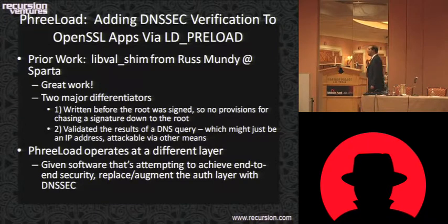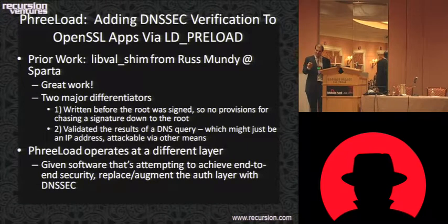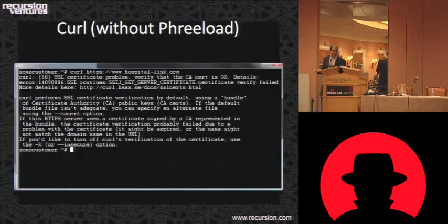And it says, we're going to make sure that if an application is trying to make a secure connection, that what it speaks to, that the certificate validation process goes through a DNSSEC validation path. So, what does this look like? Here's curl without Phreeload.